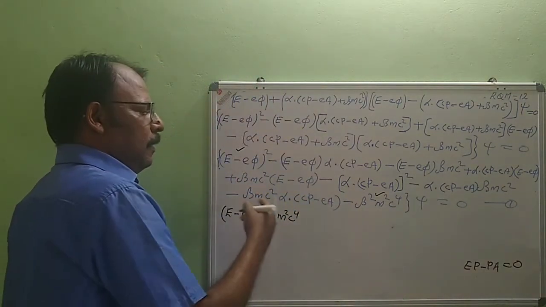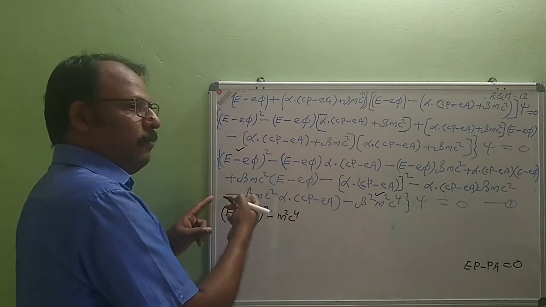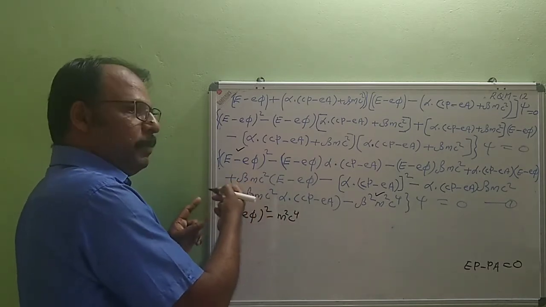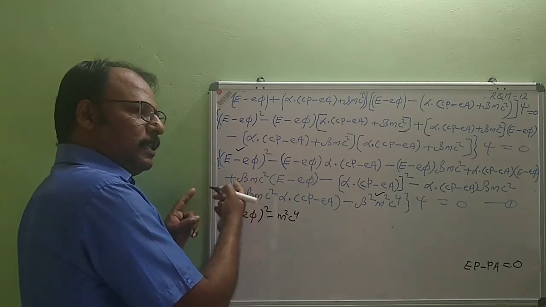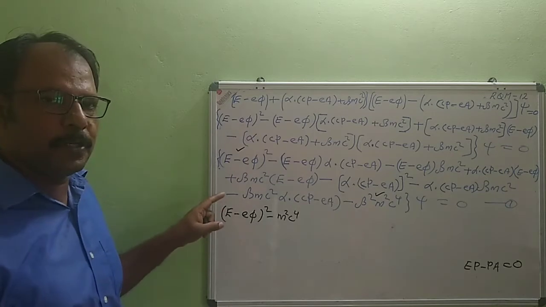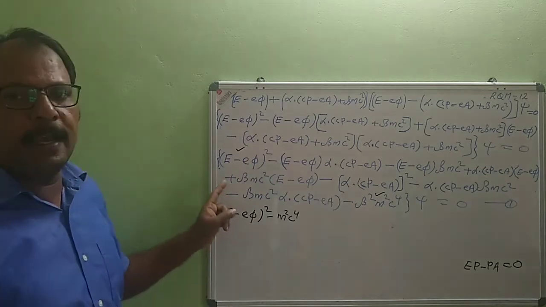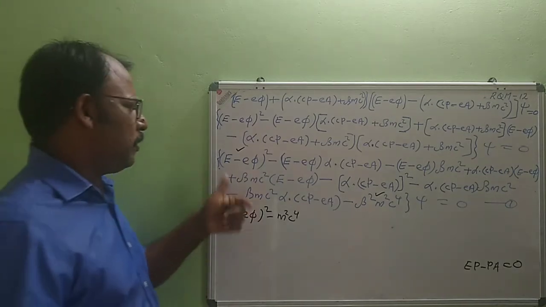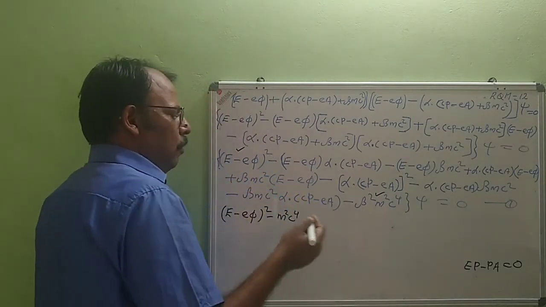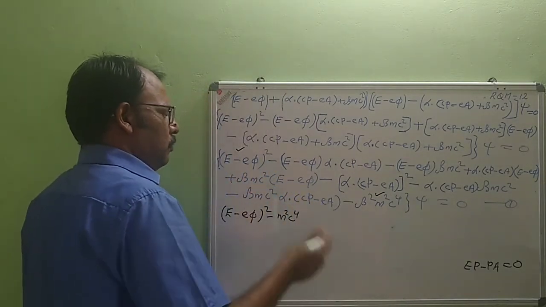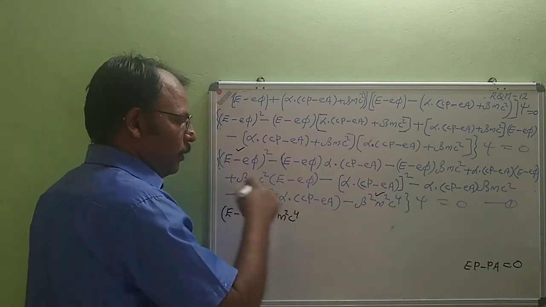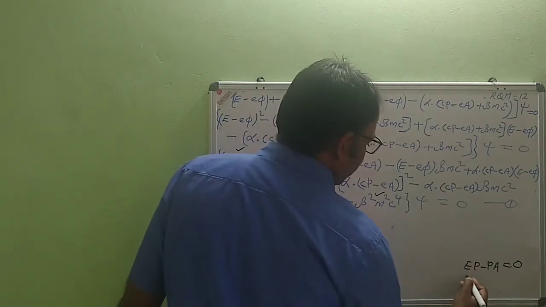Now beta is not having any differential with respect to time. Beta is independent of x. It is independent of t. It is not having any differential with respect to space component or time component. Alpha and beta are independent of t, x, dou by dou t and dou by dou x. So they are independent of E and P, so they commute with each other.